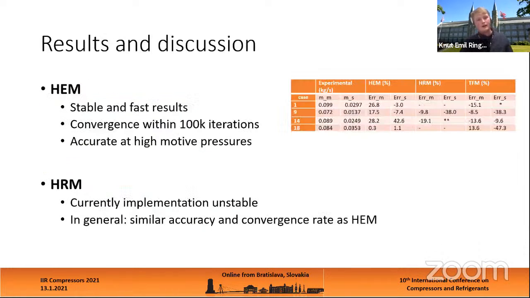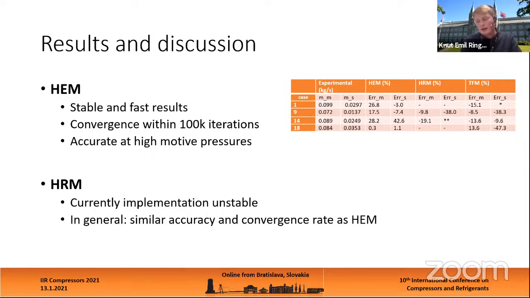So I will quickly go through some of the results because some of them are less accurate than others. First of all, the HEM gave very stable and fast results, as has been discussed in previous works. We found that it would typically converge within less than 100,000 iterations, in some cases 20,000 iterations.